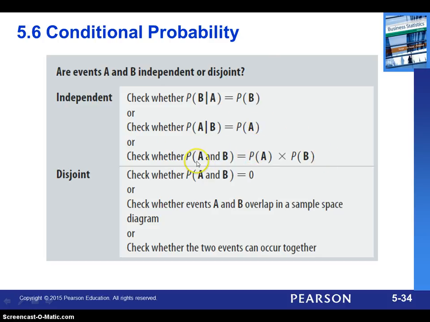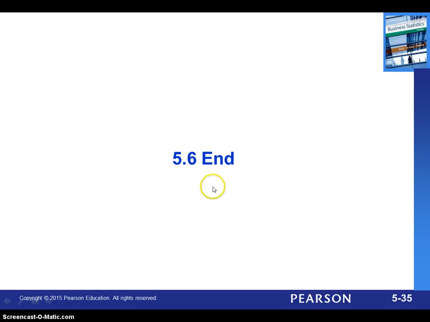On this one we'd have to know the individual probabilities, calculate it, and see if they match. For disjoint, we check if P(A and B) is 0. If it's 0, that means there's no overlap. Or we can just decide if they can occur together. Like I said, with heads and tails, we can never get head and tail at the same time. And that should do it for 5.6.